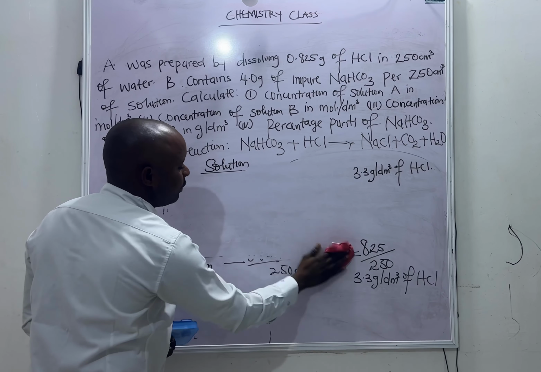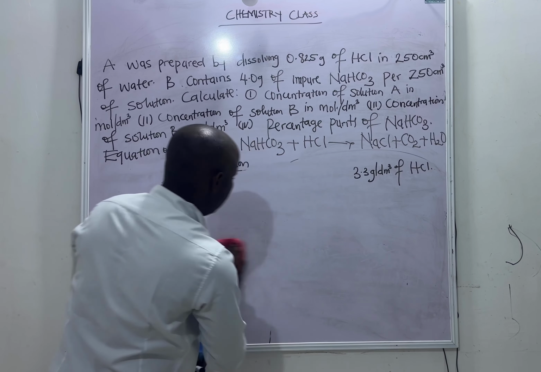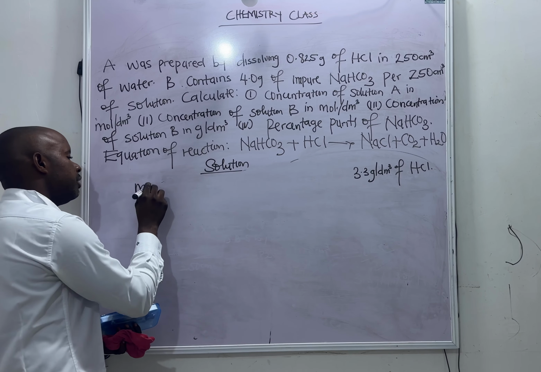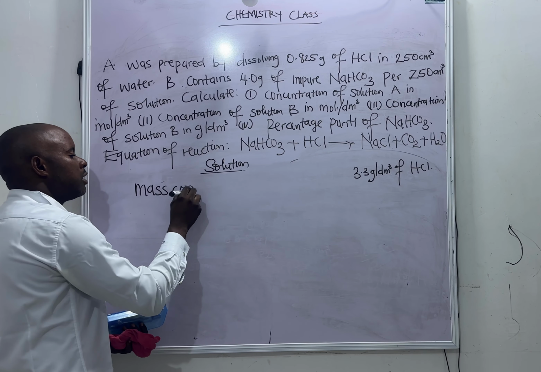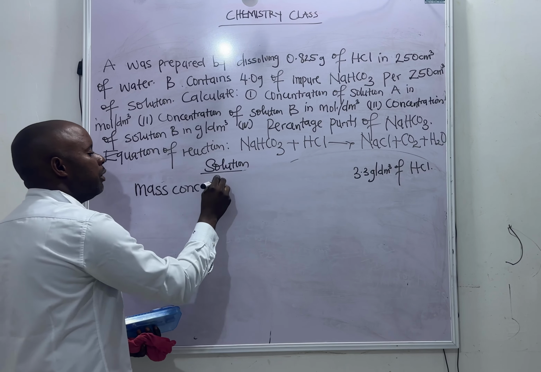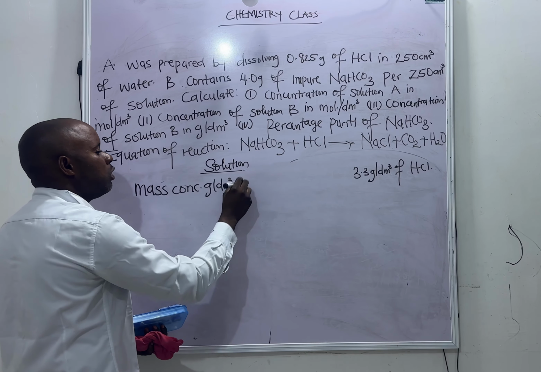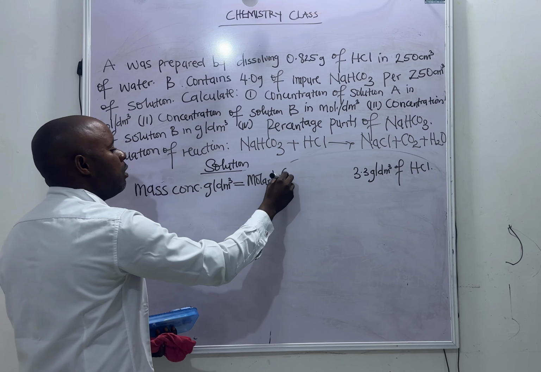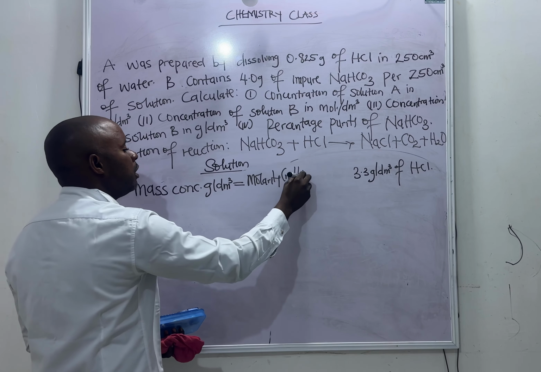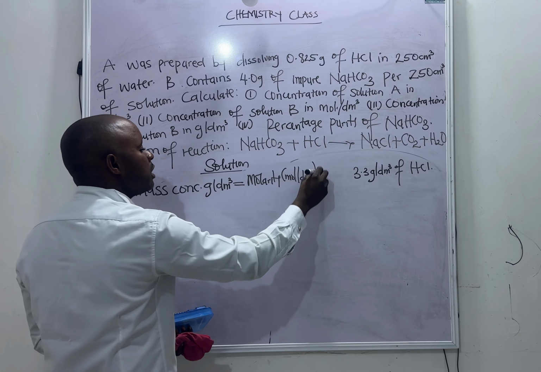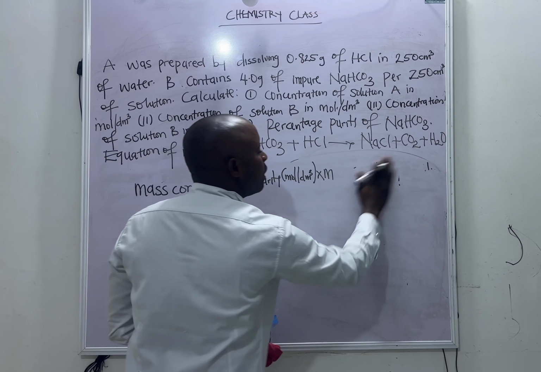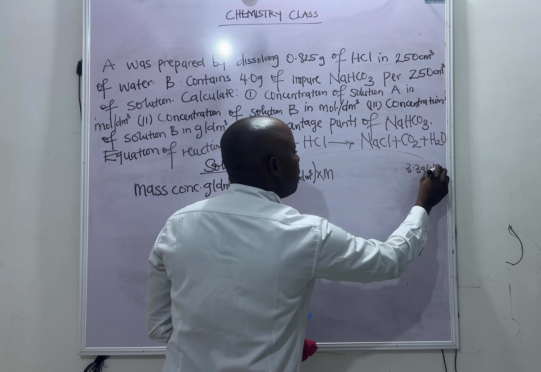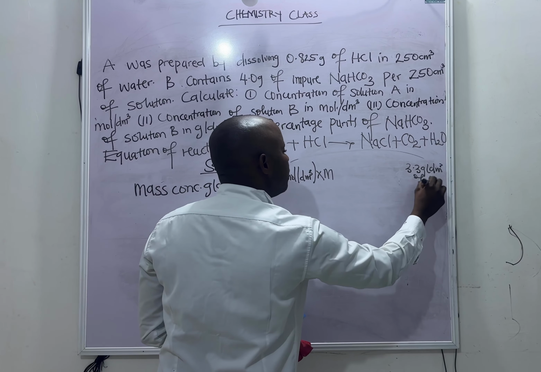Let's wipe this. That is to say, we can say mass concentration in gram per dm cube is equals to molarity, mole per dm cube, times molar mass. 3.3 gram per dm cube of HCl, okay?